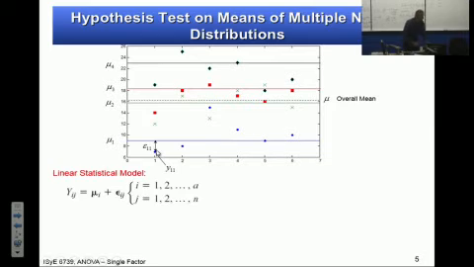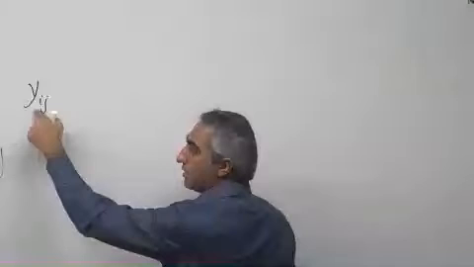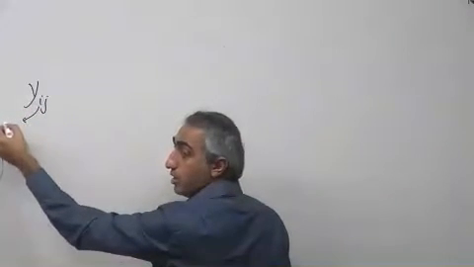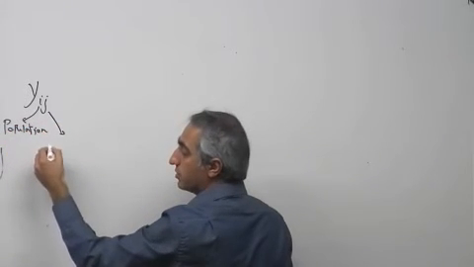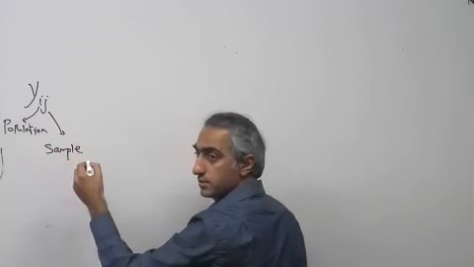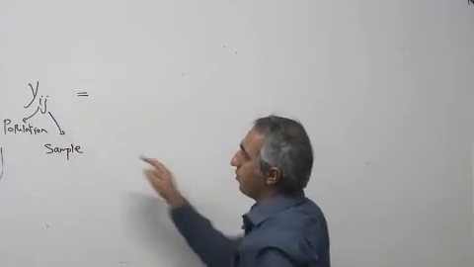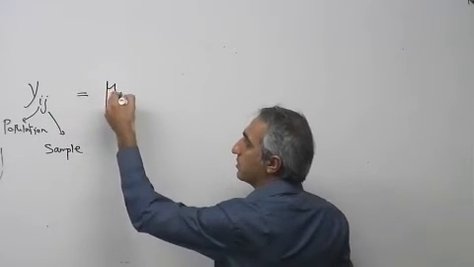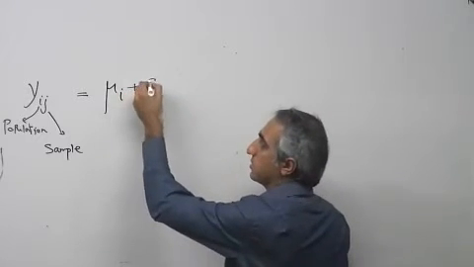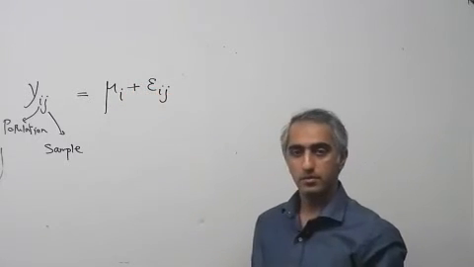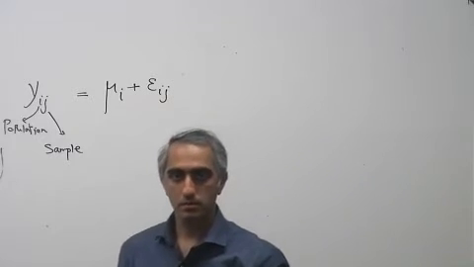So I can write down a linear statistical model for that. Yij, where i is the index for population and j is the index for sample, would be mu i, the mean of the ith population, plus some random error. Is it clear?